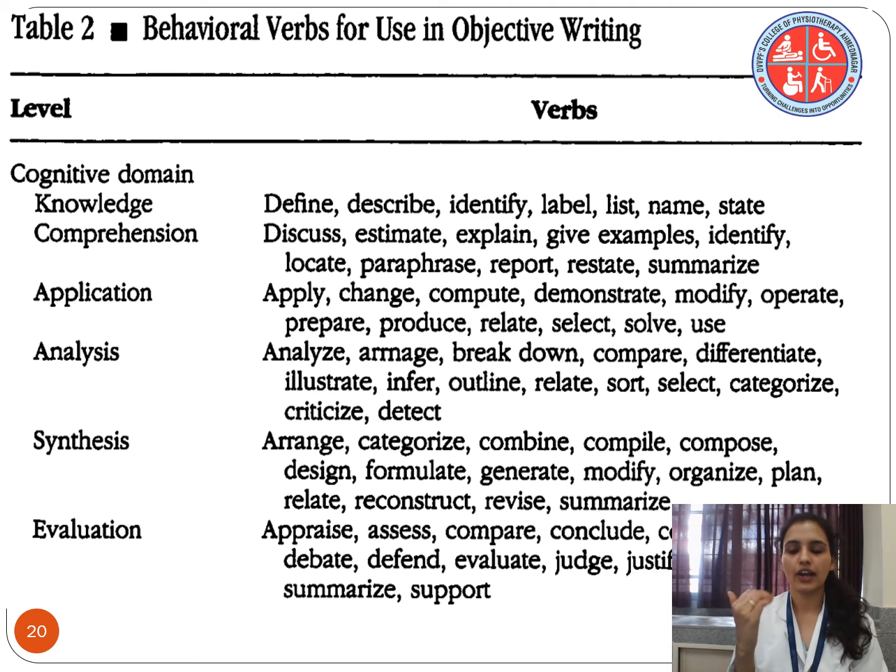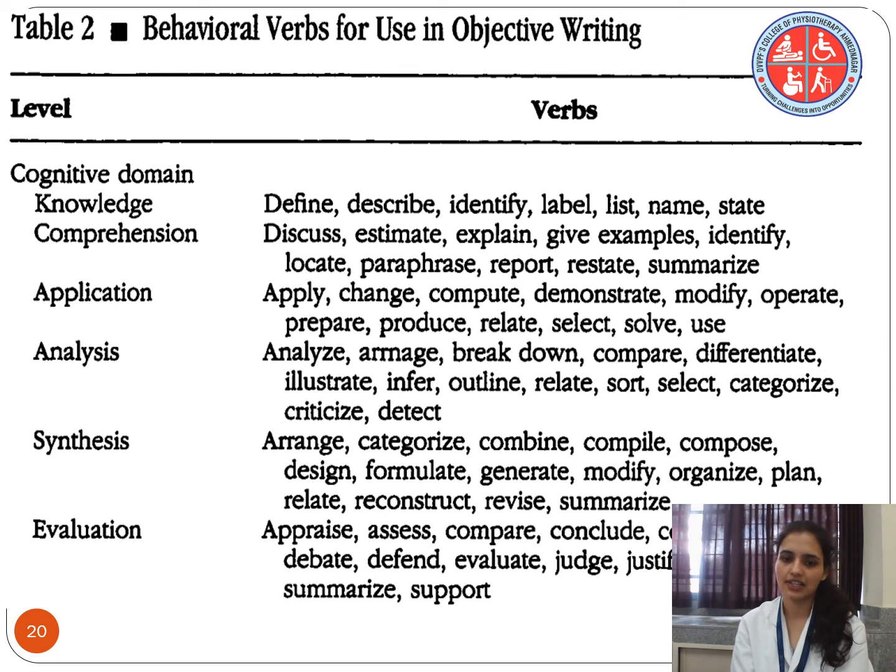According to the three levels, cognitive, affective and psychomotor, and according to Bloom's and Miller's taxonomy, we can divide it into knowledge, comprehension, application, analysis, synthesis and evaluation, stage-wise. In writing the objective, we can write, at the end of the seminar, the student will be able to define or describe or apply or analyze the knowledge, or in evaluation, to appraise or assess.